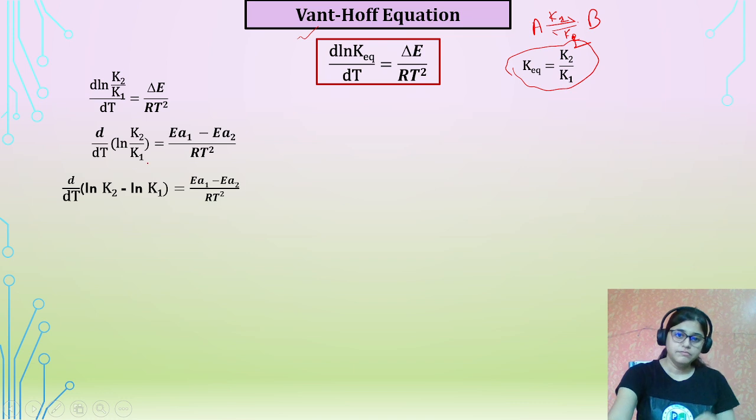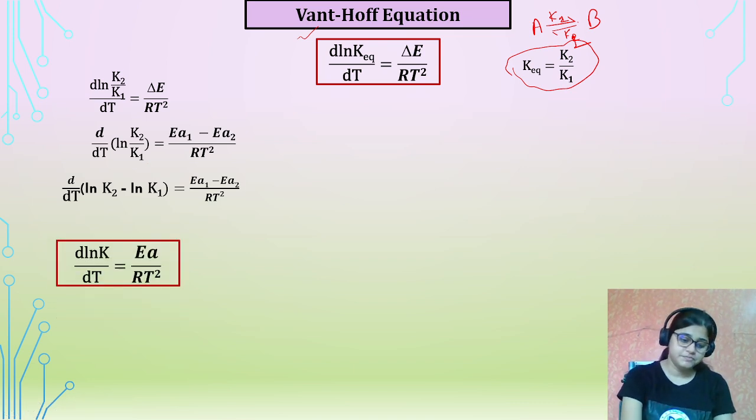So now, for K equilibrium, we know that it is the ratio of the two rate constants. So if we write at equilibrium, what happens actually?